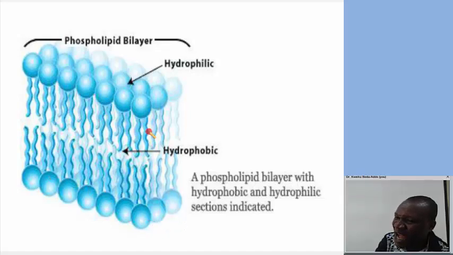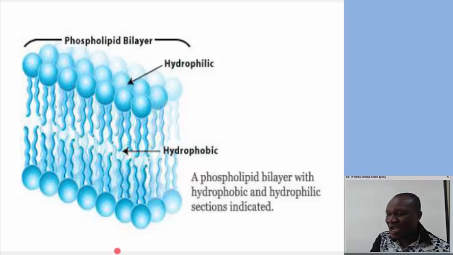Now the heads are exposed to the cytoplasm of the cell, which is water, and the extracellular fluid, which is water. So the heads will face there, and the tails, which hate water, will be hidden from the water components in the cytoplasm and the extracellular fluid. So we see the hydrophobic tails sandwiched between the hydrophilic heads. So we have a lipid bilayer, a phospholipid bilayer.